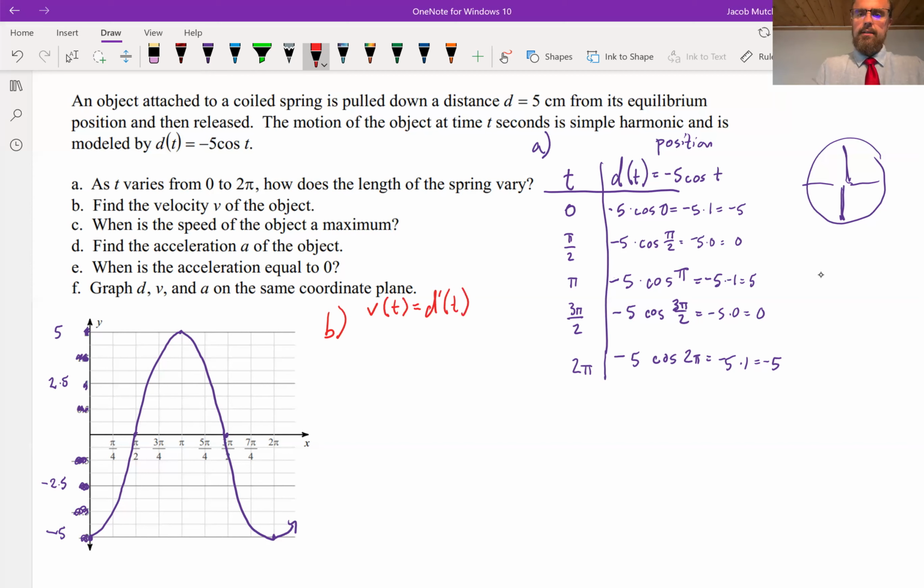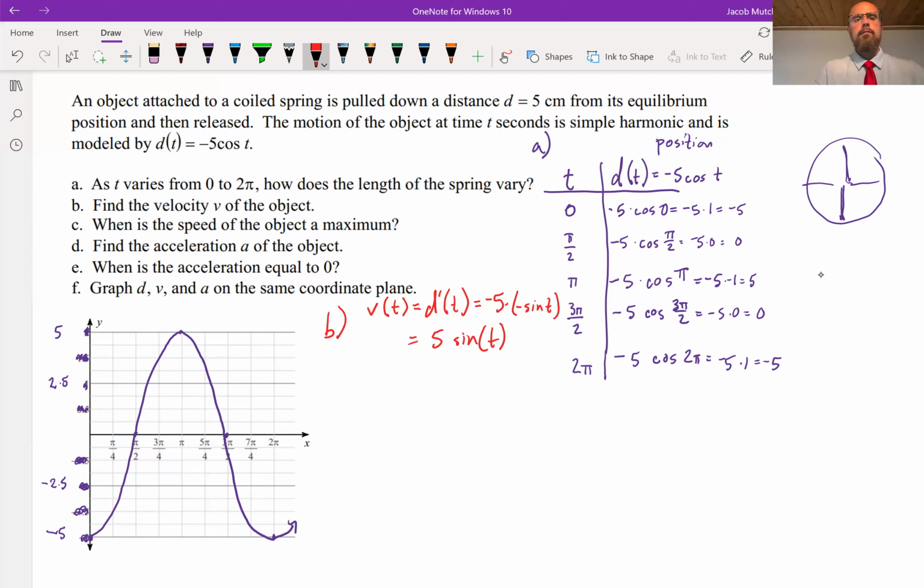So I want to take the derivative of negative 5 cosine t. Remember from our derivative rules for trig functions, that's negative 5 times the derivative of cosine, which is negative sine of t. So my velocity function is positive 5 sine of t.